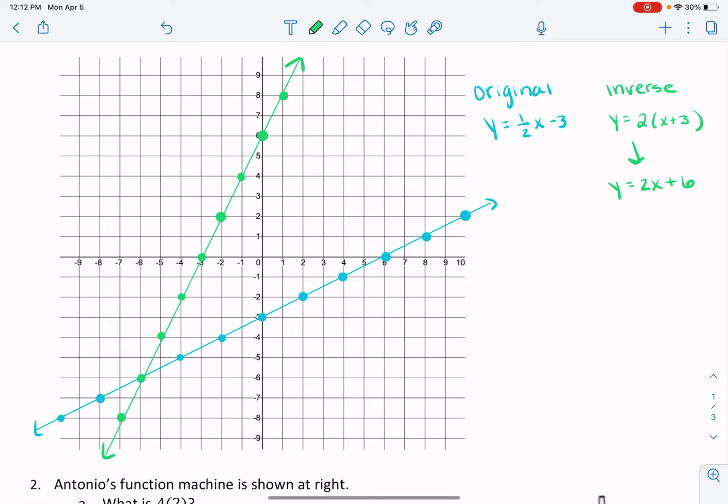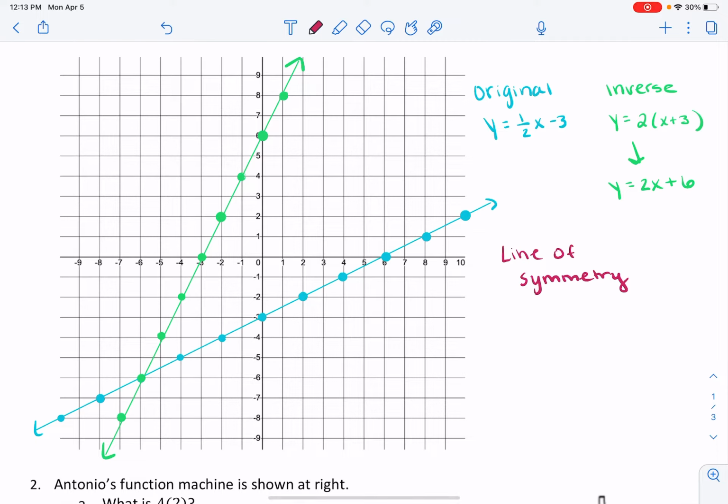Okay, so then the last thing it's asking us is about a line of symmetry. So is there a line that's like mirroring both of these? So when I look at this for a line of symmetry, if I want to see like a line that's mirroring it, let's look kind of where they're intersecting here.